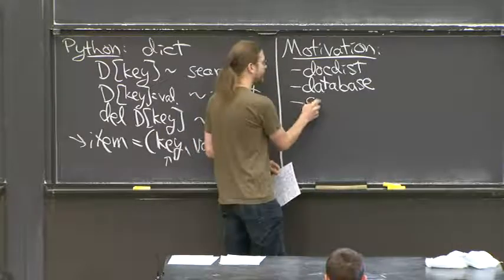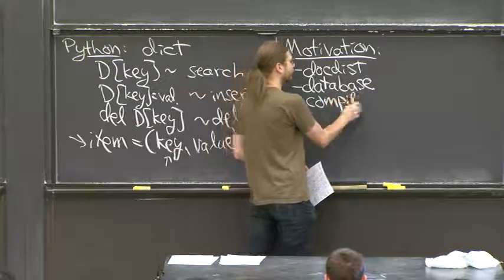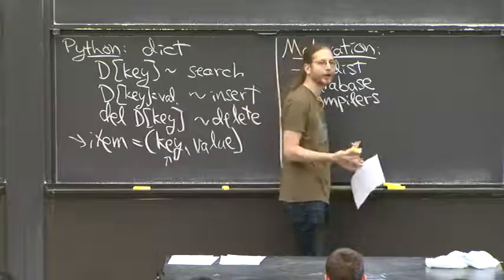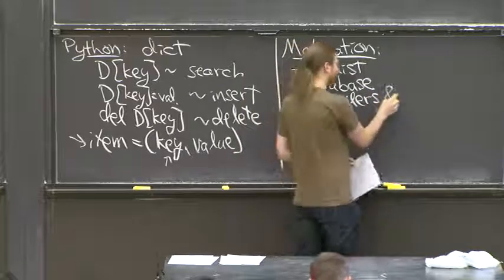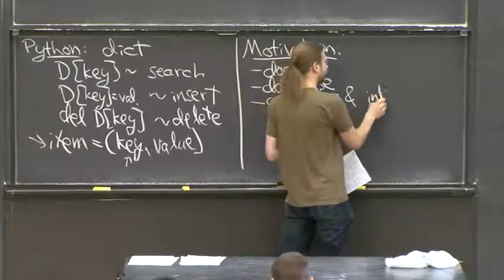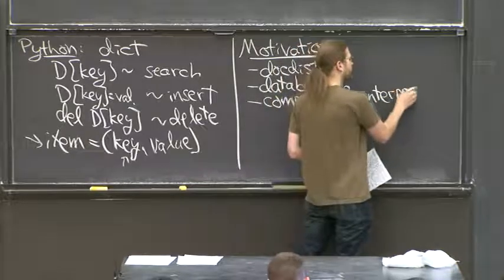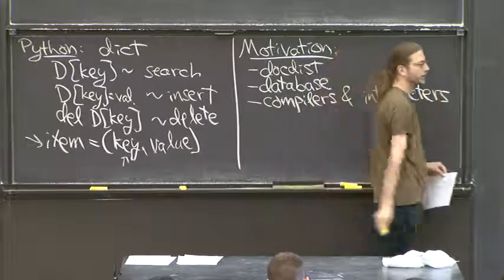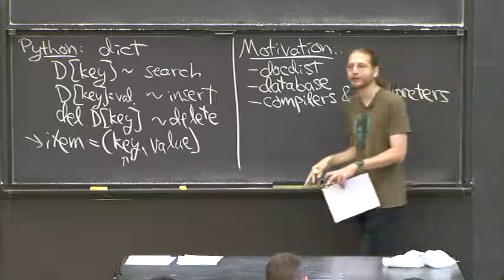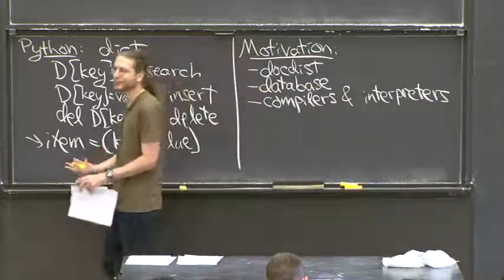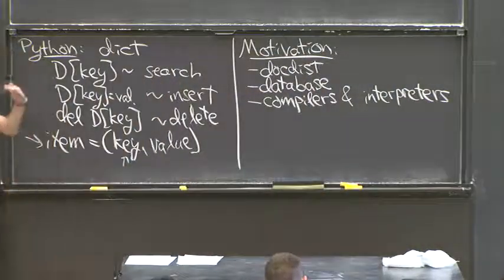One of the original applications is in writing programming languages, because some of the first computer programs were programming languages, so you could actually program them in a reasonable way. Whenever you type a variable name, the computer doesn't really think about that variable name. It wants to think about an address in memory.